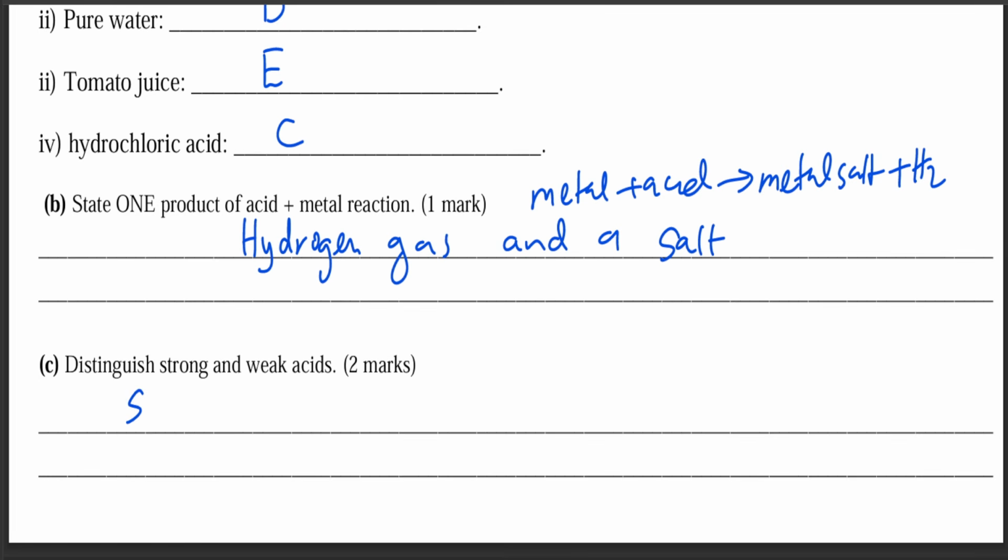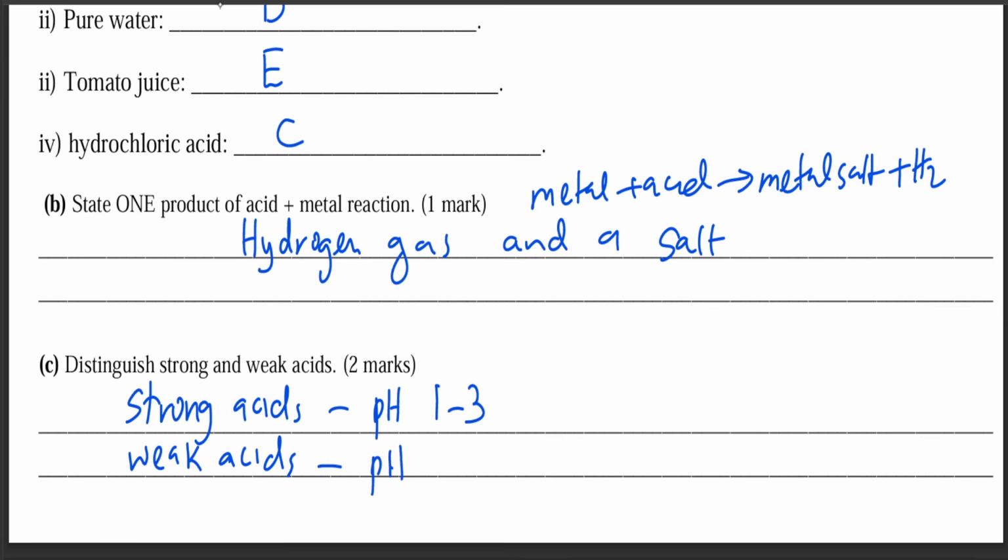So, distinguish between strong and weak acid. Strong acids have a pH around 1, 2, 3. Weak acids have a pH greater than 3, so it's around 4 to 6 maybe.